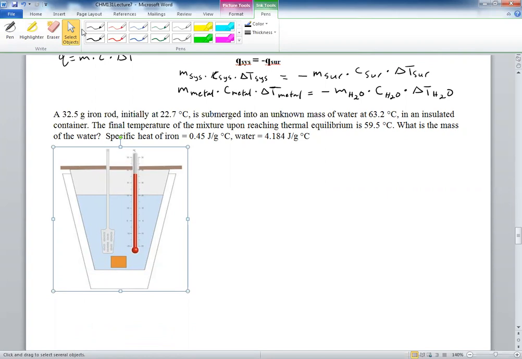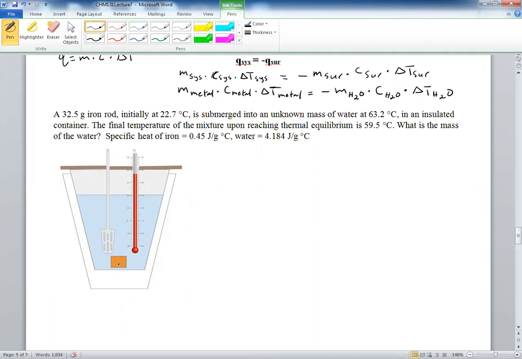So it says that a 32.5 gram iron rod, initially at 22 degrees Celsius, and imagine this is your iron rod, even though it's not exactly a rod here, is submerged into an unknown mass of water at 63.2 degrees Celsius. So right away, you should know what's losing and what's gaining heat or energy.